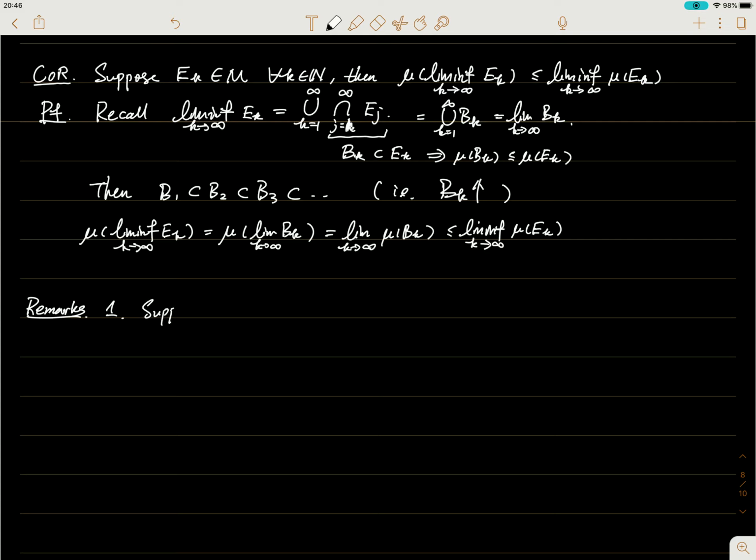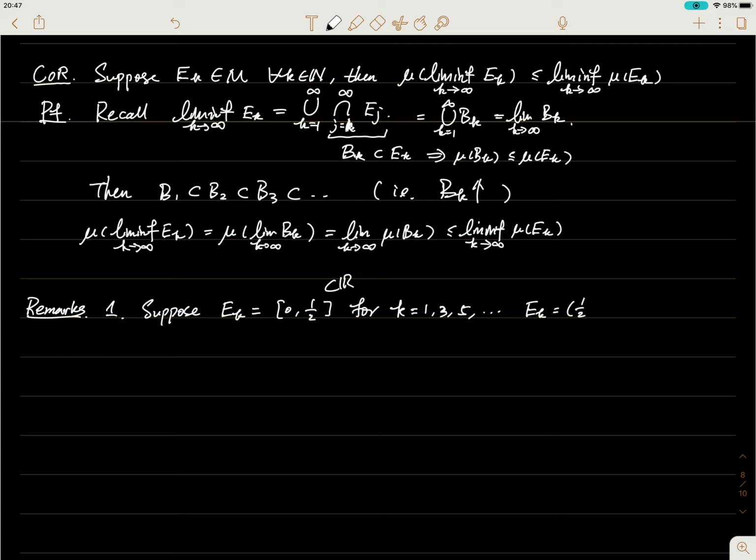Suppose we have E_k to be the interval 0 to 1/2 for k odd. This is a subset of our closed interval over R. And for k even, I will set E_k to be the interval from 1/2 to 1.